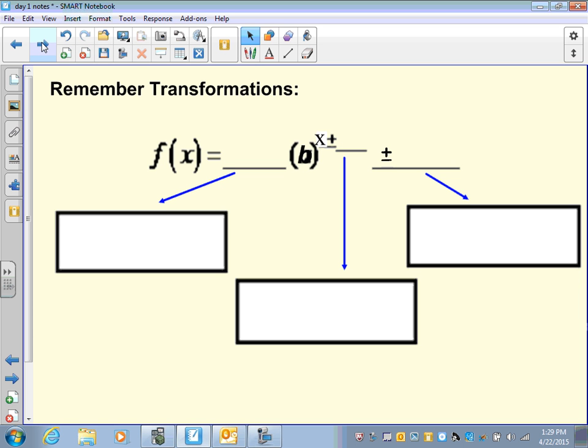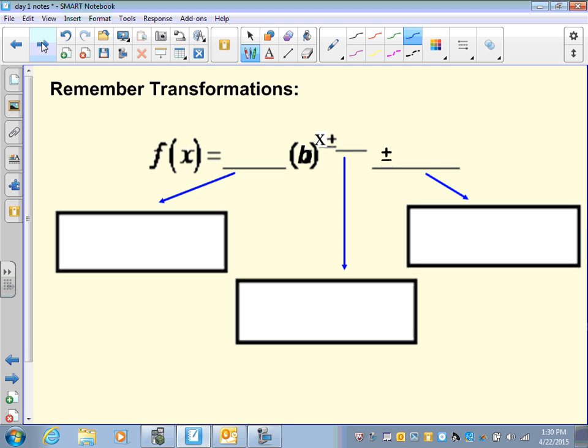Now remember for your transformations, okay? So we have our function, any function, and the things that are outside of the function, that means things that we are multiplying the function by, will give me a stretch.